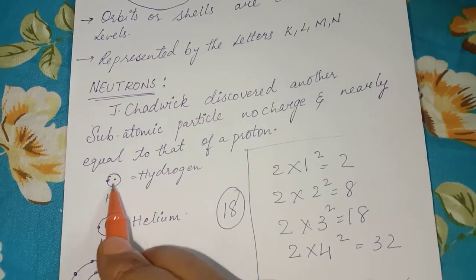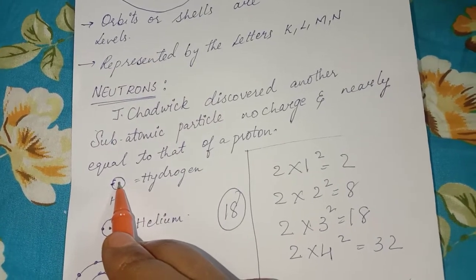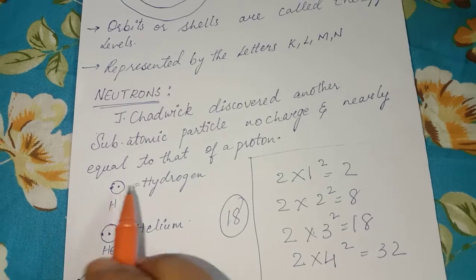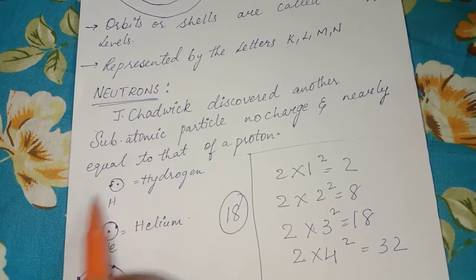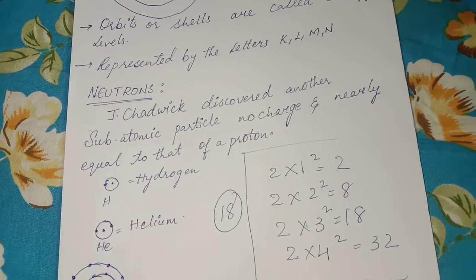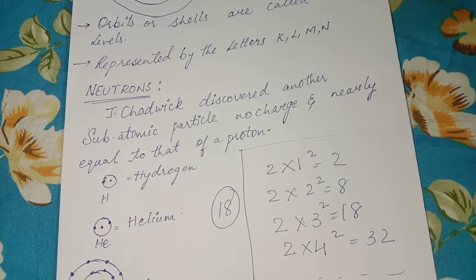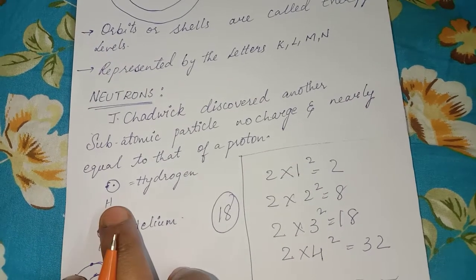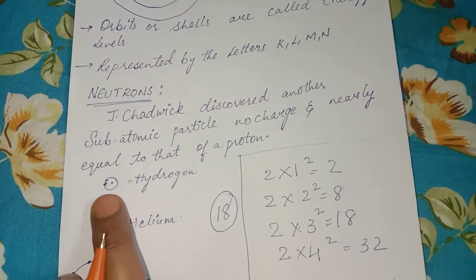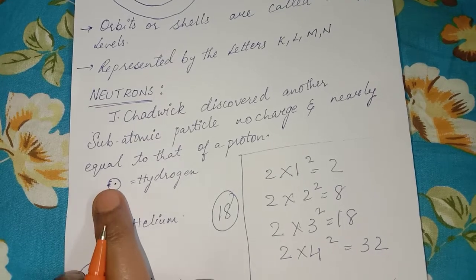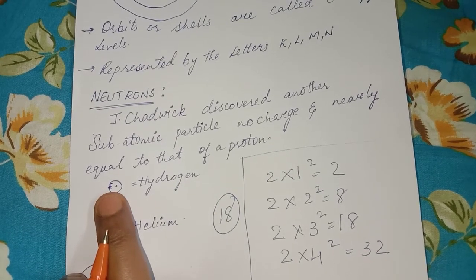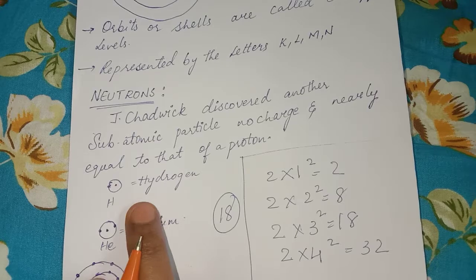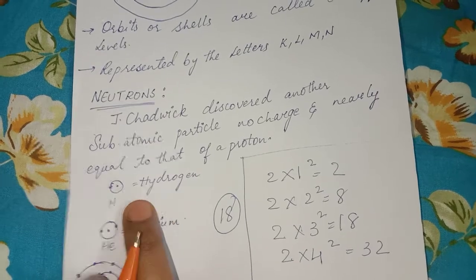This is hydrogen, H. The nucleus is present, and there is only one atomic number. That means only one valency will be given. So it consists of only one electron in the orbit, and the valency is equal to 1.